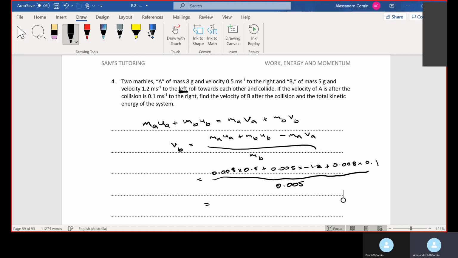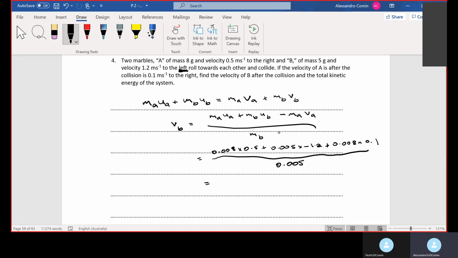Putting everything together, we get VB is moving minus 0.24 meters per second, or just 0.24 meters per second to the left.